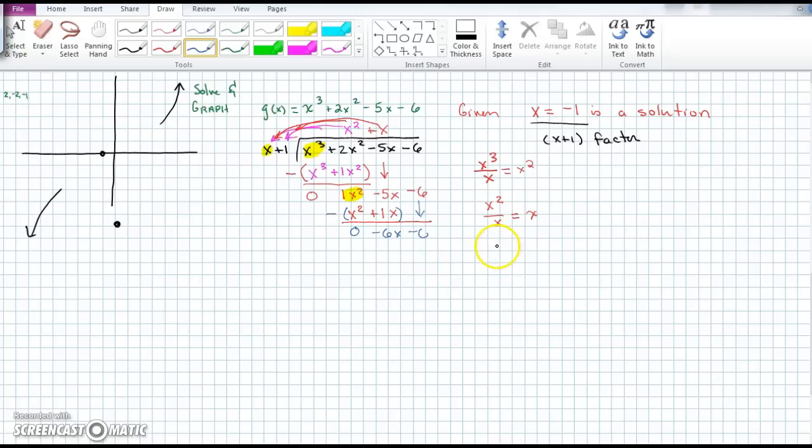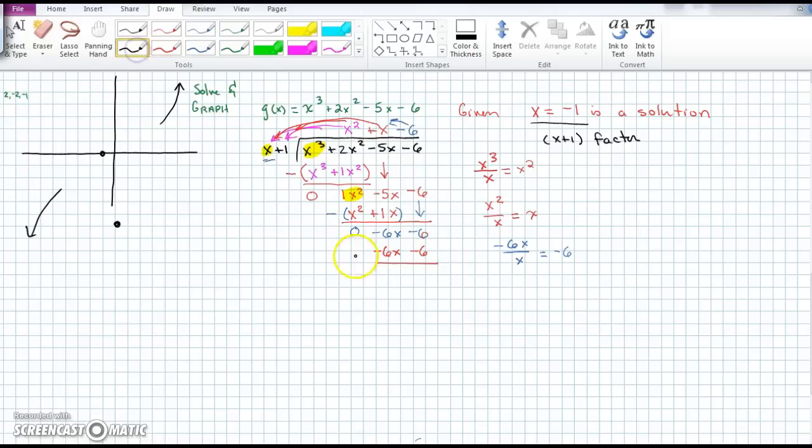So now I'm really saying, what is negative 6x divided by this leading x? Well, that's equal to negative 6. So that's what goes up here to multiply. I'll multiply each term again. Negative 6 times x is negative 6x. Negative 6 times 1 is negative 6.